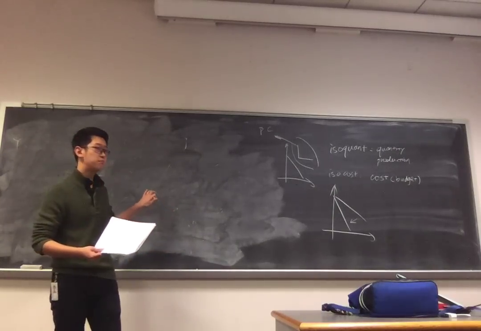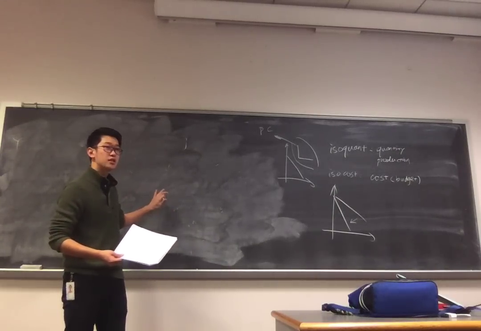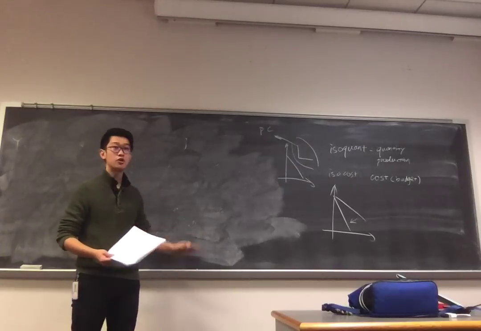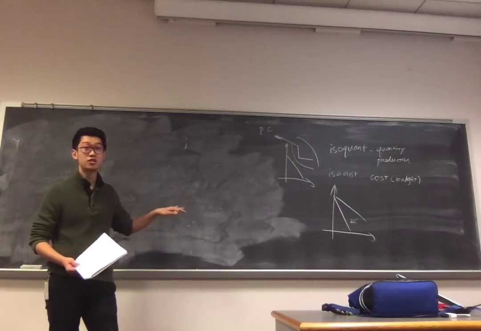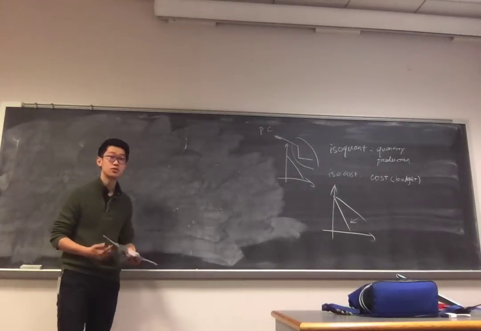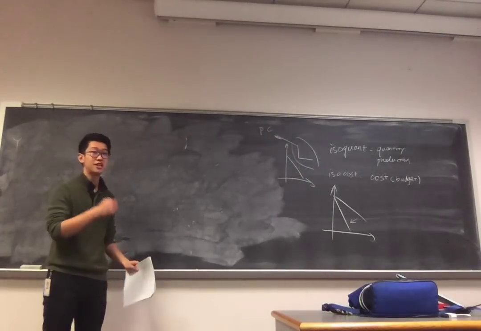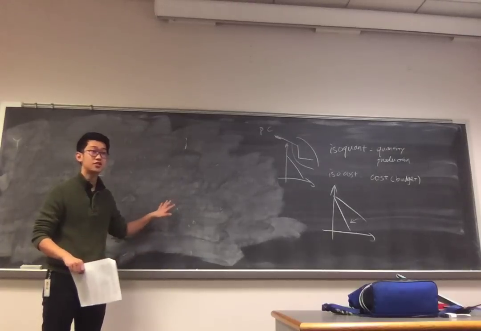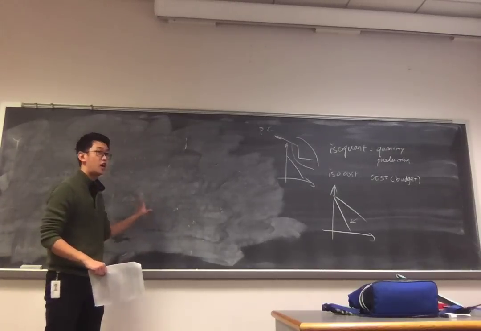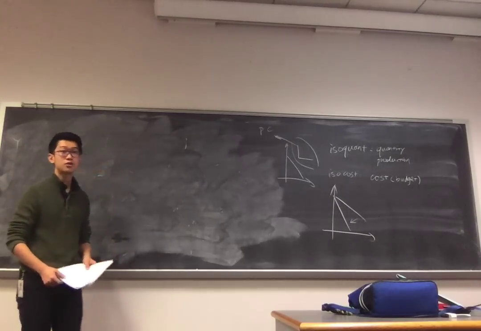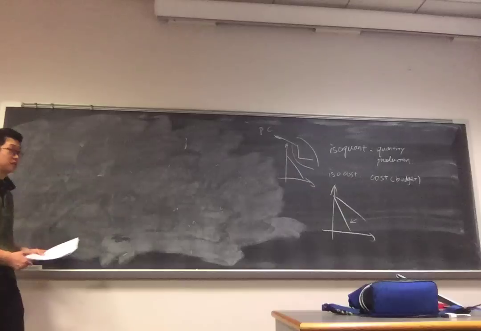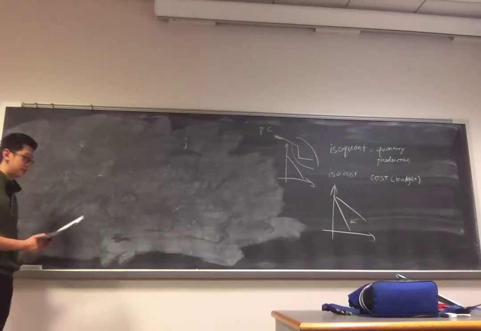Before you were trading your budget for utility, and now you are trading your cost or your budget for production. You are making goods, and selling the goods will be another story. Now you are just thinking of how many goods you can produce with a minimized cost. That's why these two graphs can be comparable, and they are quite the same.